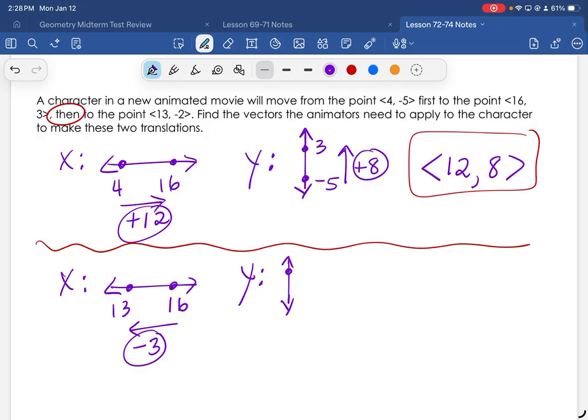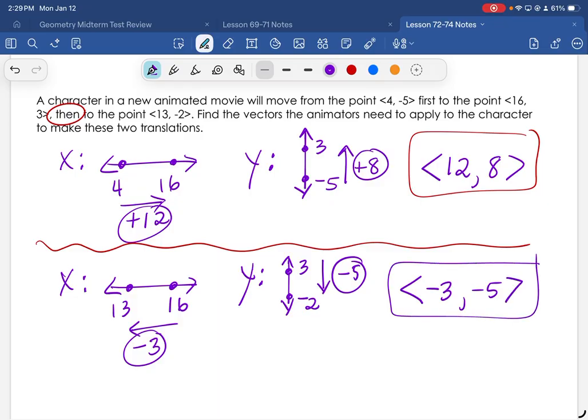The 3 would be up here, wouldn't it? The -2 would be down here. So we're going from 3 to -2, which is down. Is down positive or negative? Negative. And by how many units? 5. How should I write my vector? -3, -5. Very good. -3, -5.